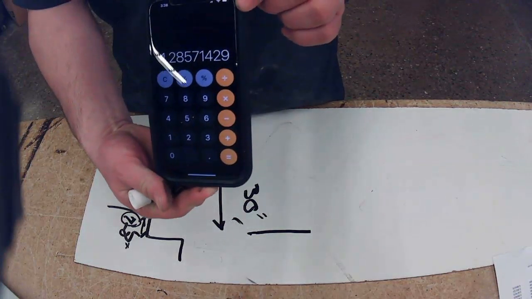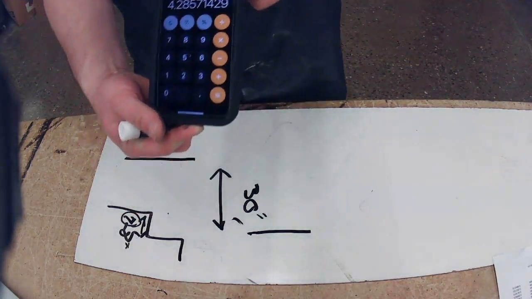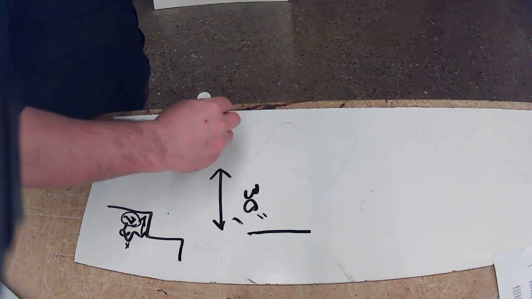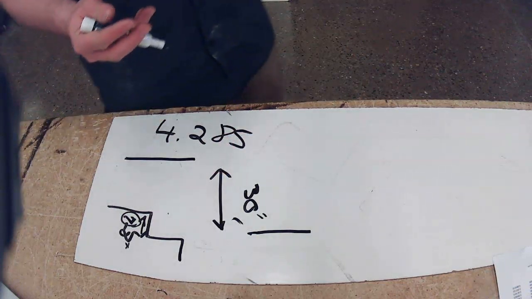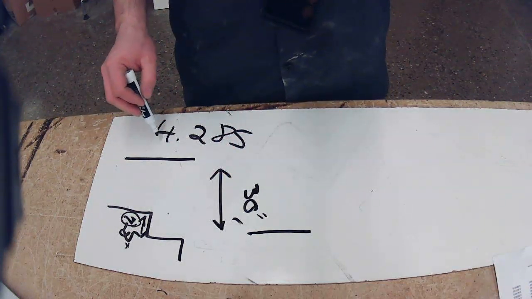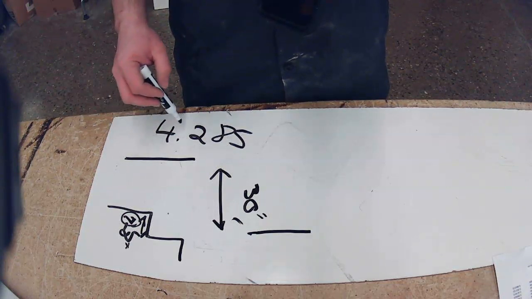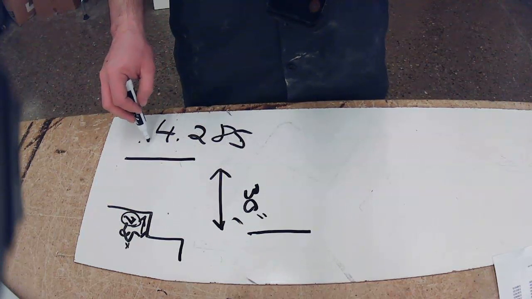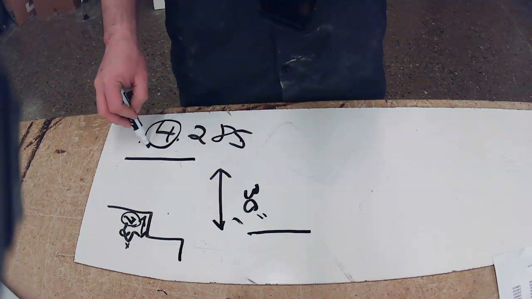And we get something like this, 4.285. What we want is a whole number here. And we can round down because we got 285. So we can round down and say that this is 4.